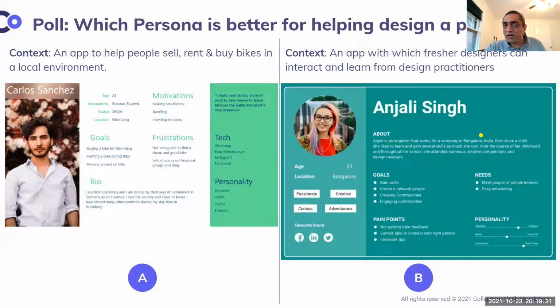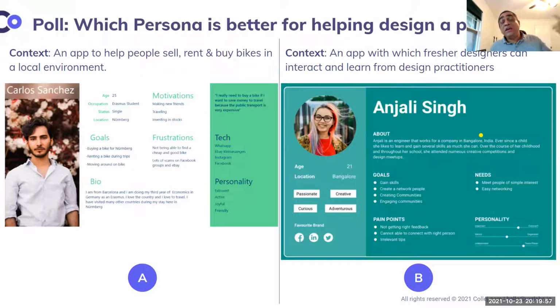And so a good persona is designed in such a way that confirmation biases do not change the interpretation, right? Based on who's reading it, you do not interpret the persona differently. When you are sharing a persona with your designers, they should not assume, okay, this is how it is in my life.